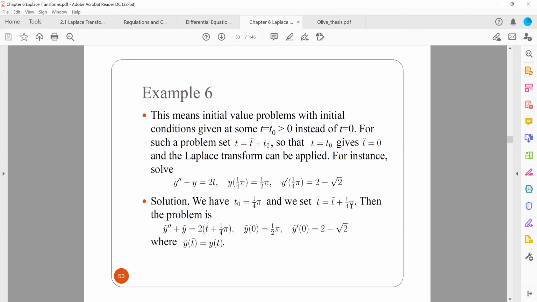So we go ahead to solve our equation, and we present this by putting the tilde sign at the top. What is t here? We are going to substitute with our t tilde plus t naught, so in this case it will be t tilde plus a quarter pi. Then with regards to our y tilde at 0, the value is a half pi, okay? And our derivative at 0 is going to be this value, when t naught is equal to a quarter pi.